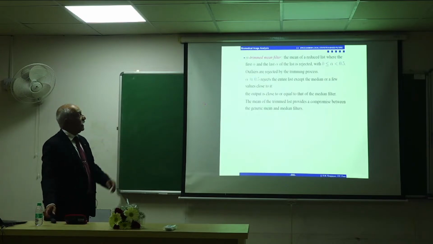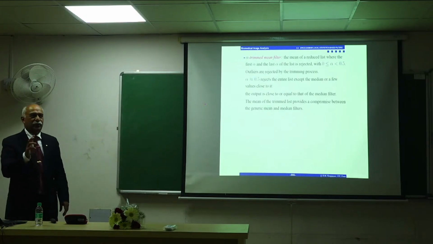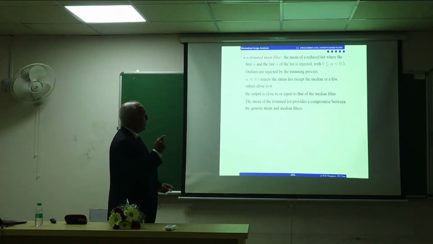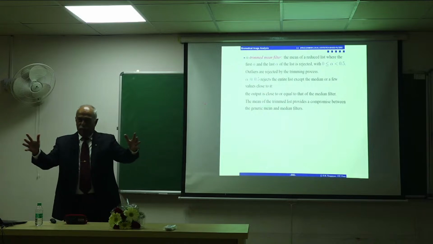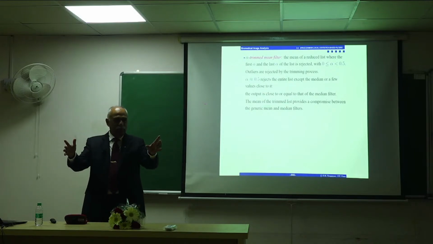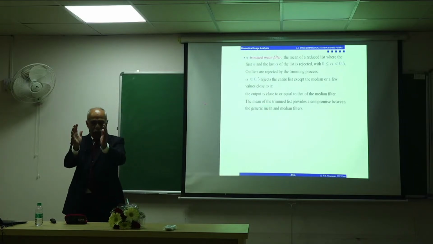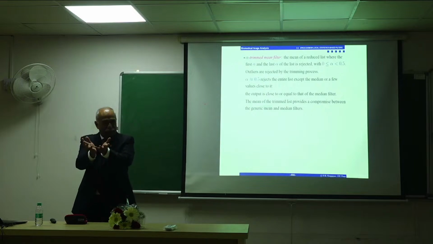And then there is the alpha trim mean filter, which gives you flexibility, where you take the mean of a reduced list. You don't average all of the values in that list. Some could be corrupted by noise substantially, and they'll be at the ends of this list. So you want to take only the values in the middle of that list.